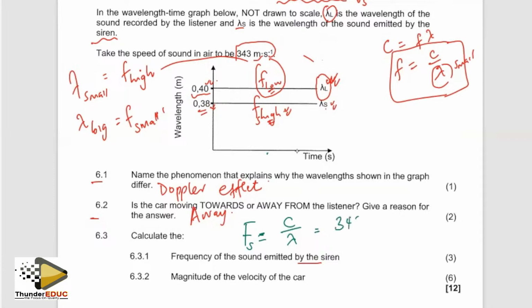So 343 divided by the wavelength of the source, which is 0.38. 343 over 0.38 becomes 902.63 hertz. So that is 6.3.1.